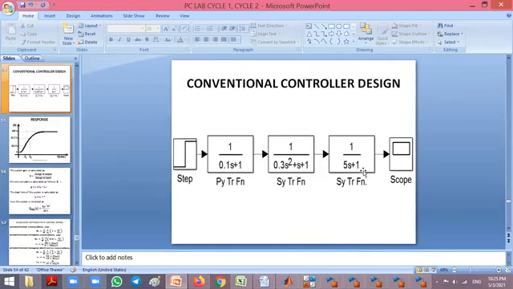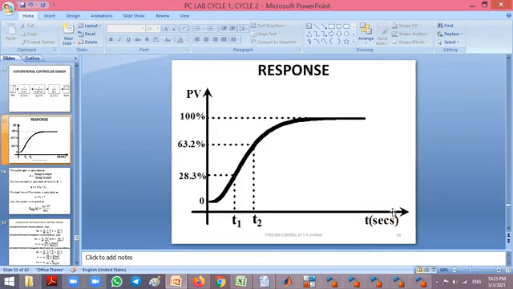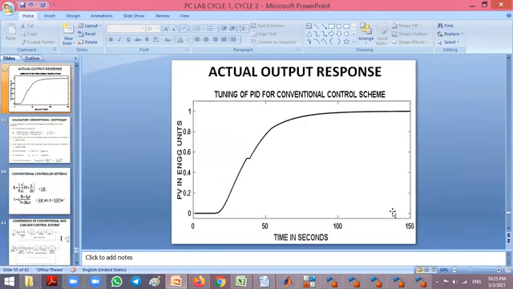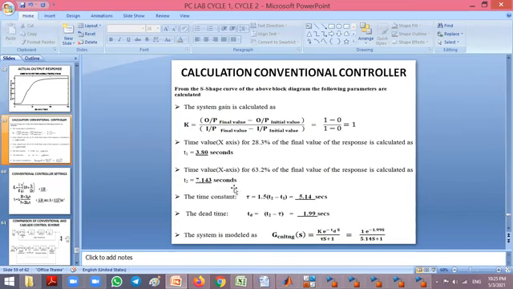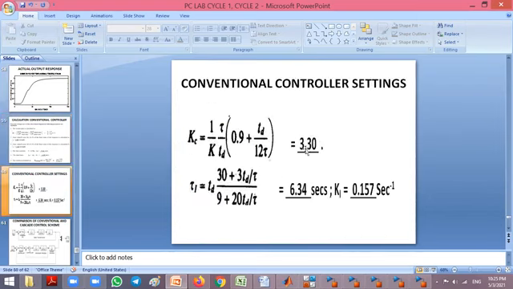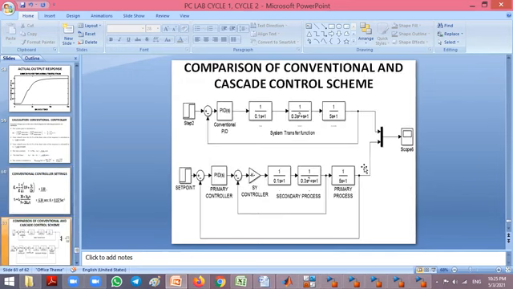The secondary loop is in series with the primary and it is open, not a closed loop. So you will get 1 as the final value. You find the controller settings from T2, T1, tau, TD, model the process, and apply the PI control action formula. You find the values Kc as 3.30 and Ki as 0.157 second inverse.